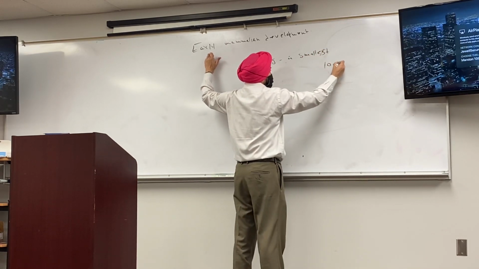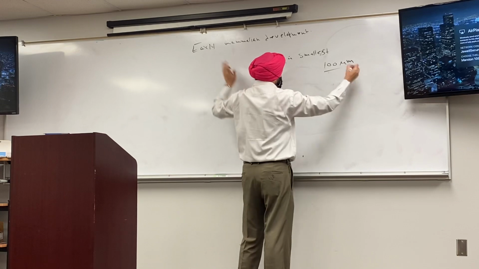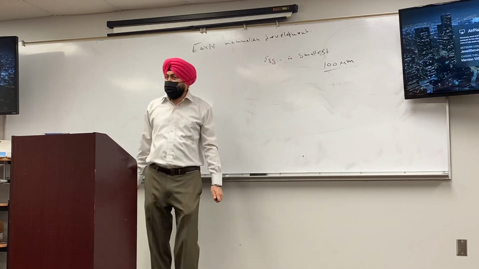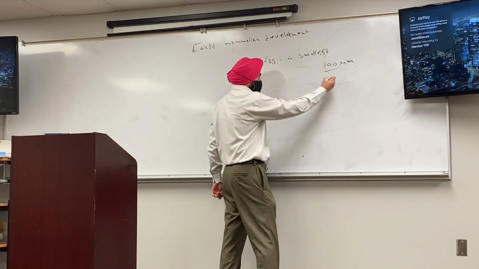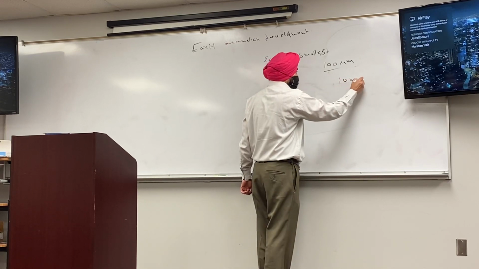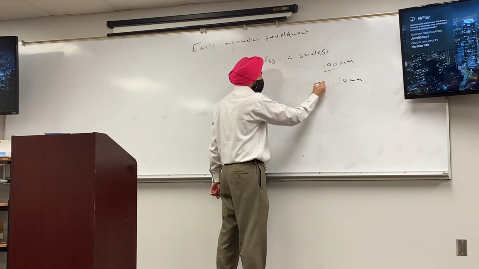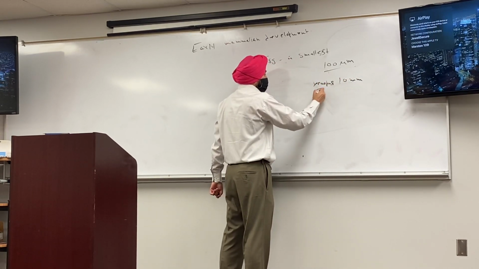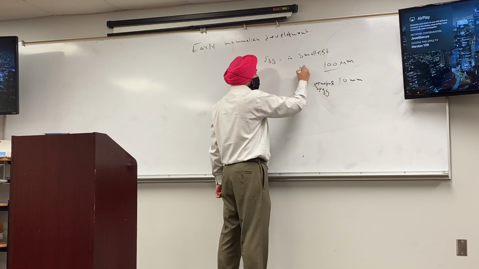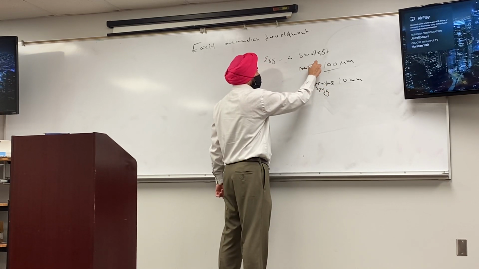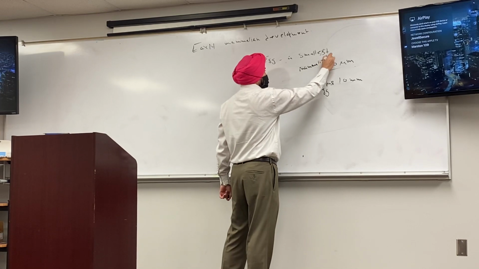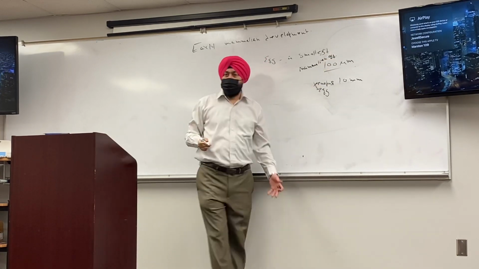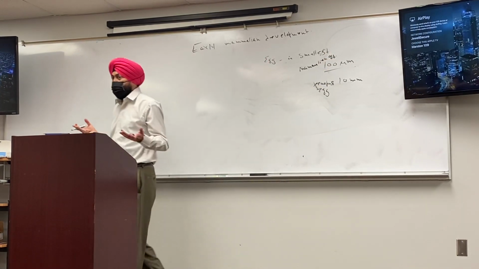Its size is only 100 micron. And a Xenopus egg is 10 millimeter. So this is the size of a Xenopus egg, and this is a mammalian egg. This is a huge difference in size also.